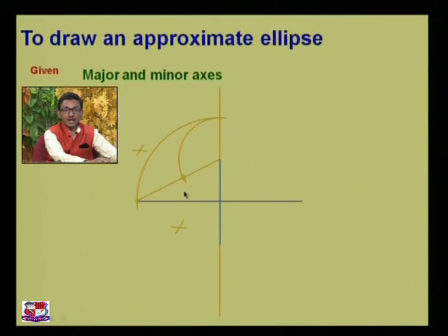Now what would be our next step? We have drawn a bisector line to this. Where this bisector line intersects with this major axis, we have marked a point, and using that we have marked an arc over here like this. This would be our radius.